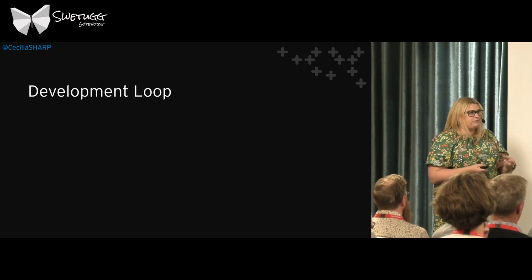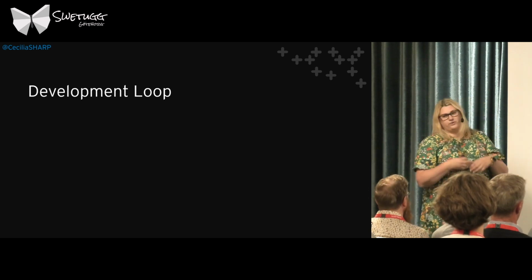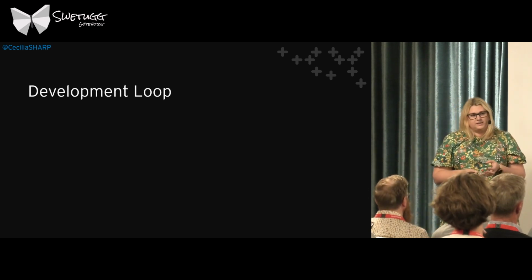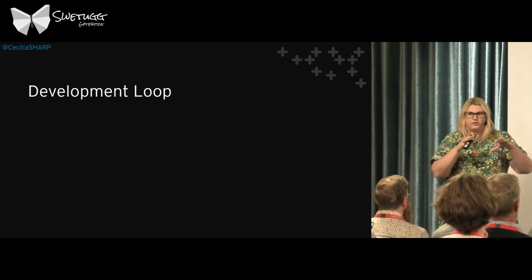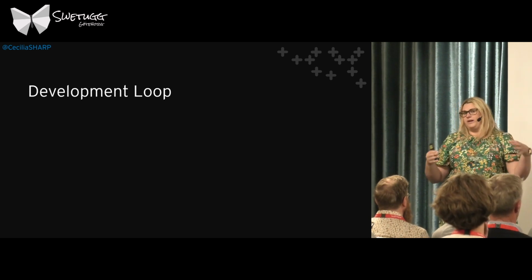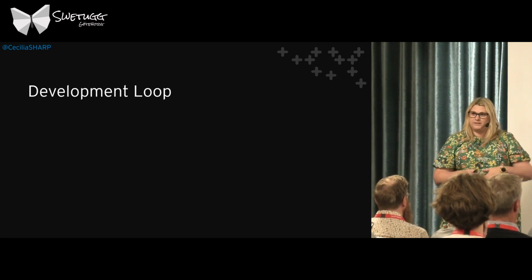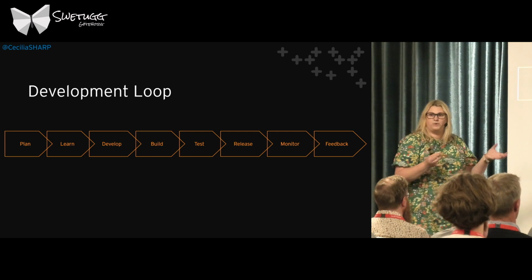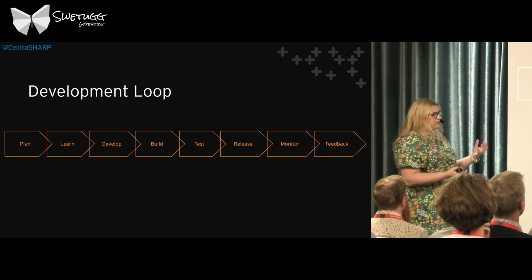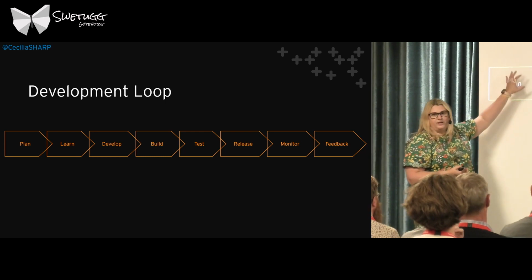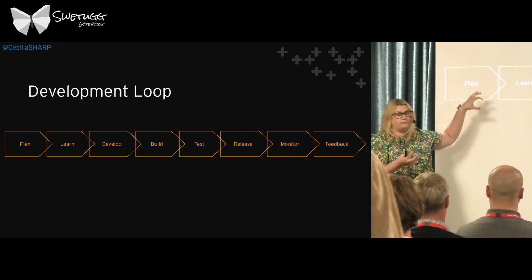I would like you to think about your development loop or your development life cycle, or whatever you like to call it, to have something to work with when you're thinking about where to apply security. Every loop is different, of course, but this is a generic one that I think fits almost everybody. First you have some kind of step where you're planning, grooming your backlog, refining your work.